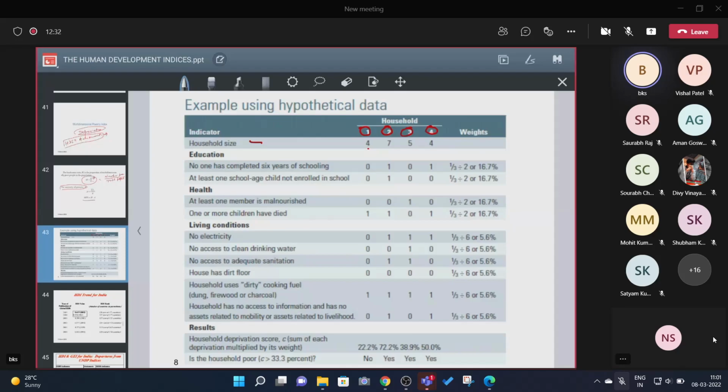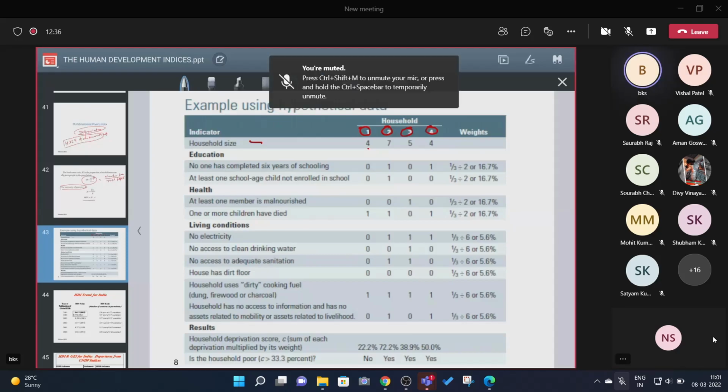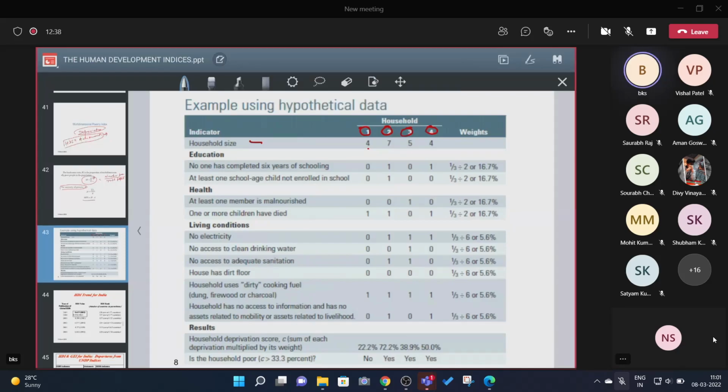So if a household is subject to any of the deprivations, then that household is given a weight accordingly.